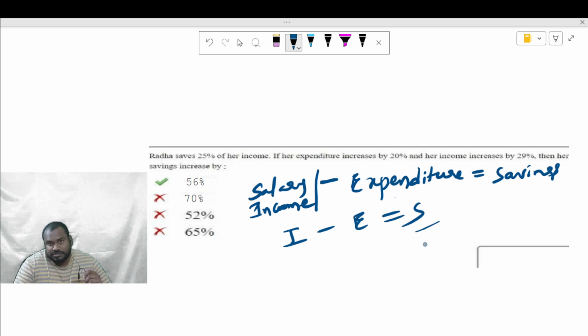First, you assume savings as 100. To get 100 savings, Rather saves 25% of her income, so 100 is 25%.